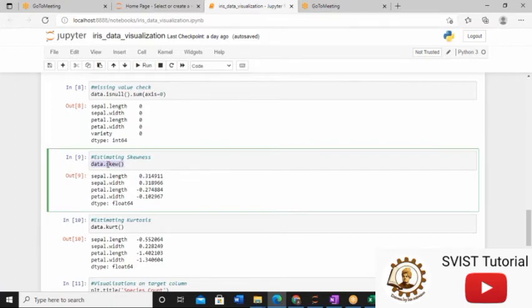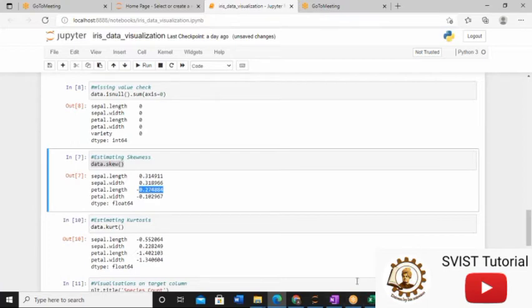What is this skew? Whenever I execute this line, it shows some value per column. Sepal length shows one value, sepal width shows another, and these values may be positive or negative. So first we have to understand the skew concept, and understanding skew is very important.